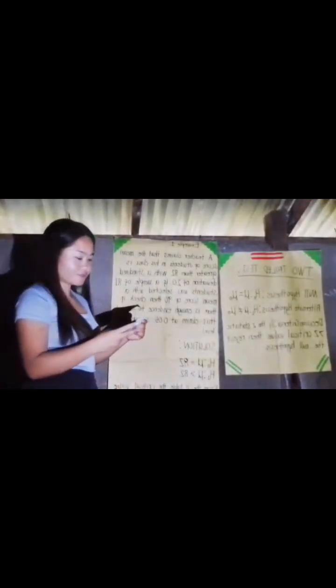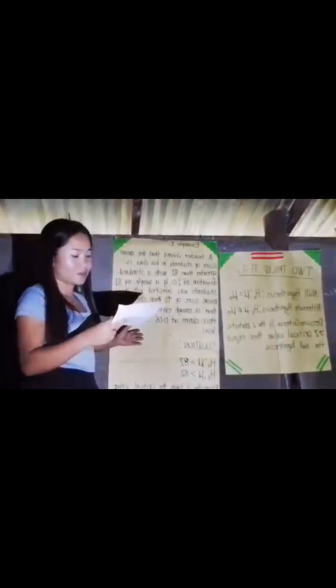Step 2 is to state the alternative hypothesis, H1 is greater than 82. From the Z table, the critical value at this area is 1.645.